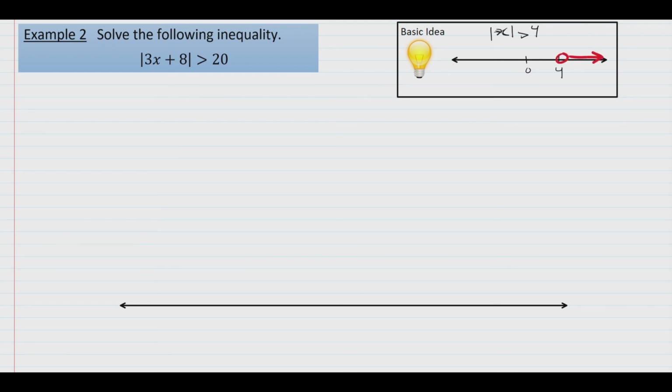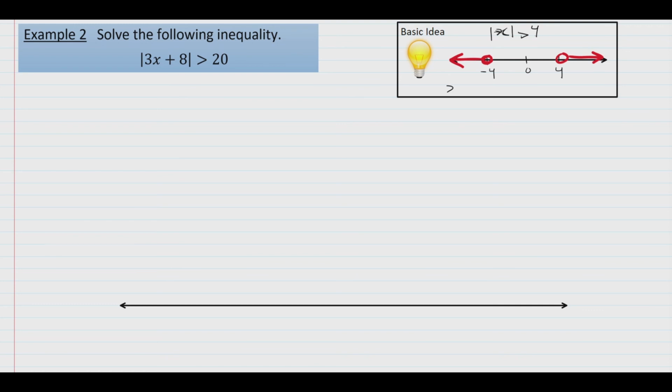For example, those. But the distance from 0 being greater than 4 also gives us the possibility of the numbers being smaller than negative 4, because if you think about these numbers in this area, their distance from 0 is also greater than 4. Now we could have either of these two cases. That is, if we want the absolute value to be greater than 4, that means the distance from 0 has to be greater than 4, and this can happen in two ways.